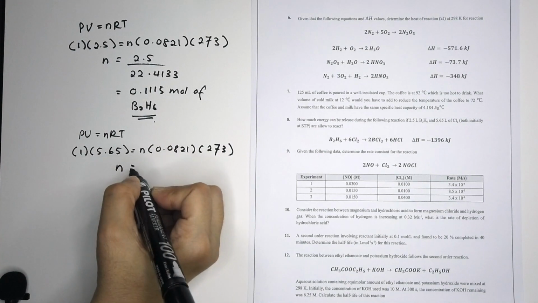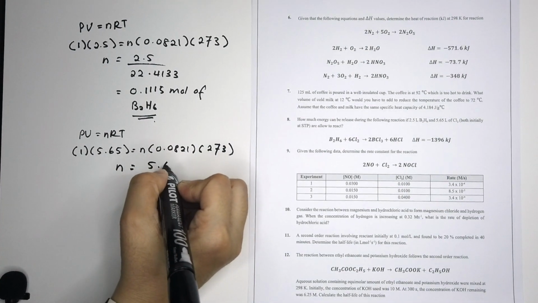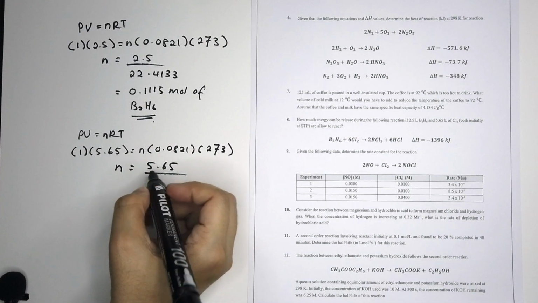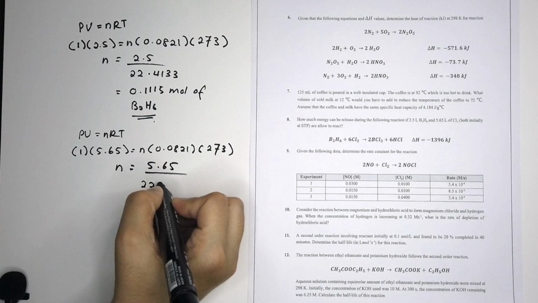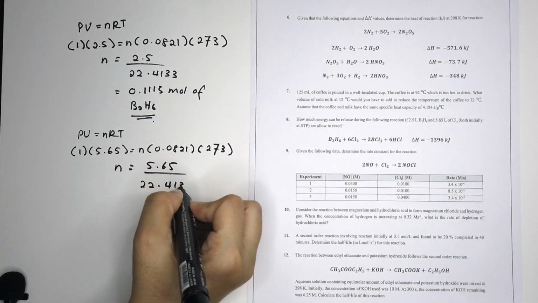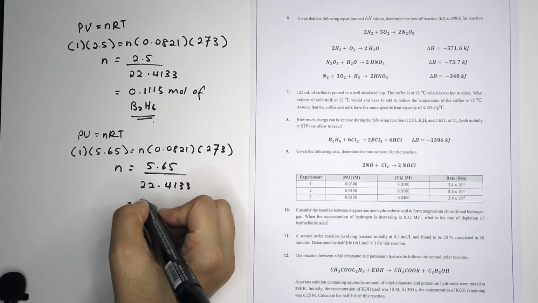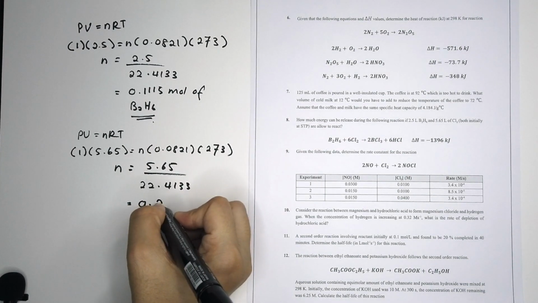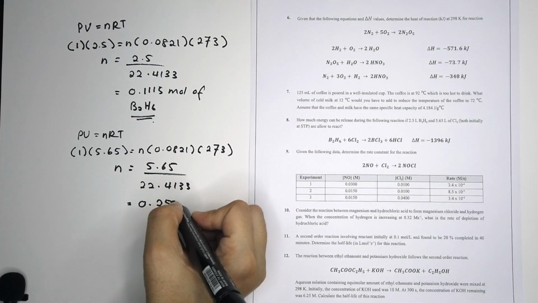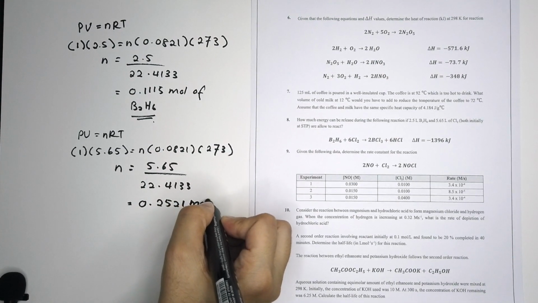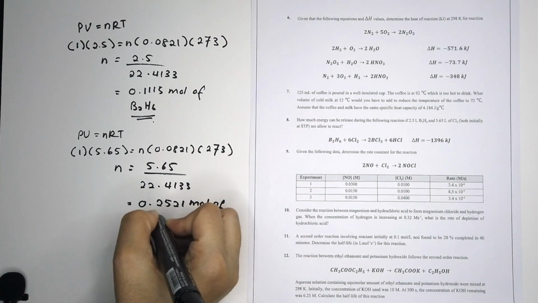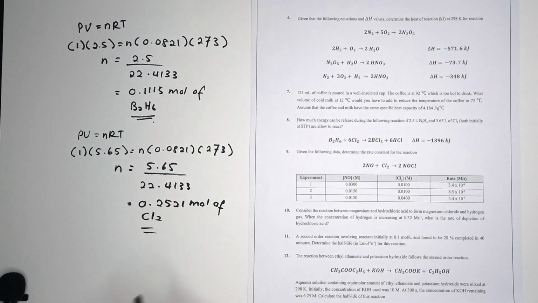Therefore, your n is equivalent to 5.65 divided by 22.4133. So you shall get your n is equivalent to 0.2521 mole of Cl2.